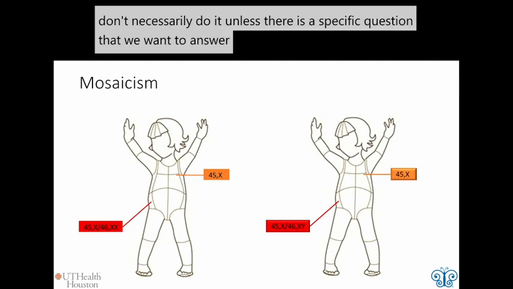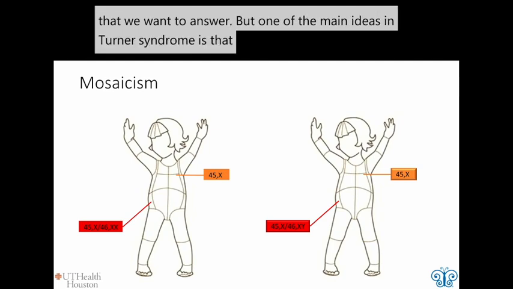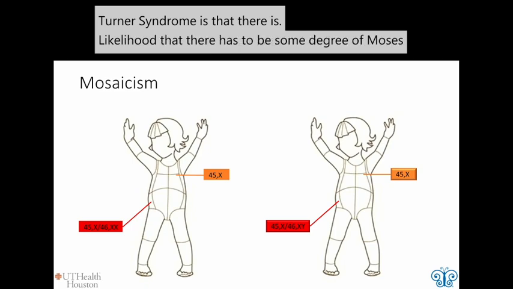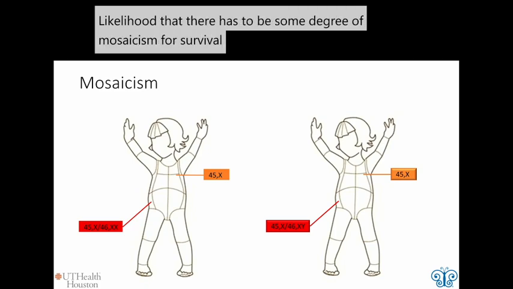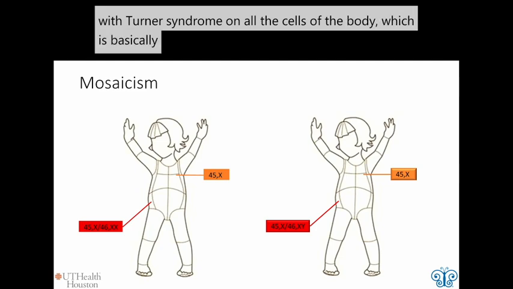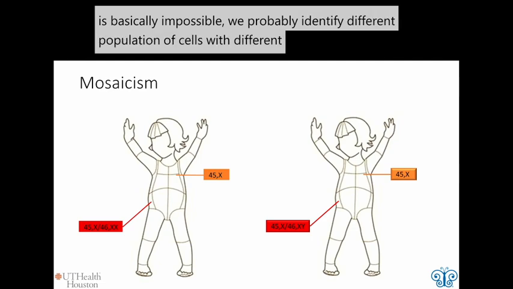But one of the main ideas in Turner syndrome is that there has to be some degree of mosaicism for survival. So if we were to look at all the cells of the body of any girl with Turner syndrome, which is basically impossible, we would probably identify different populations of cells with different constitutions of chromosomes.